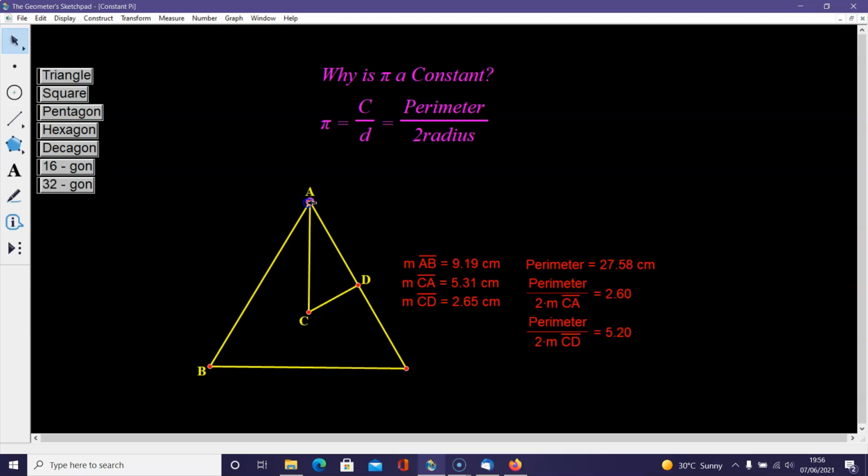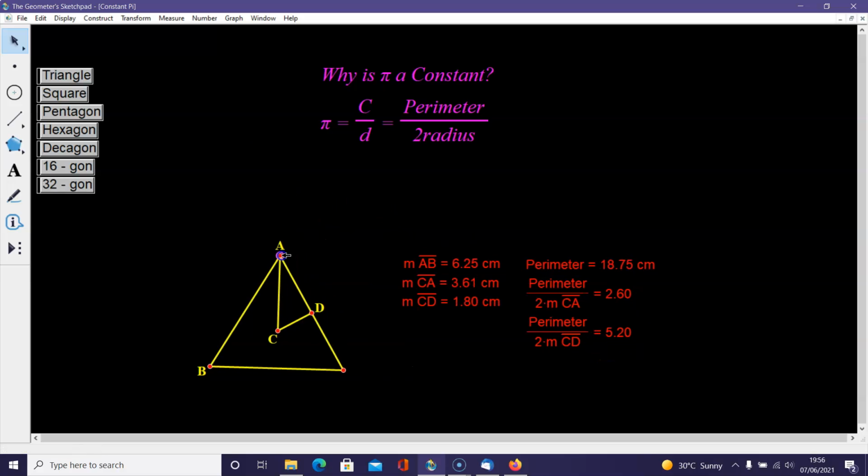So what we're claiming then is that for this figure, there are two numbers that will be a constant from the center of this figure, depending upon how you measure quote unquote radius. And you either get a value of 2.60 or you get a value of 5.2, depending upon which way we measure. Shortest distance into the perimeter or longest distance into the perimeter.